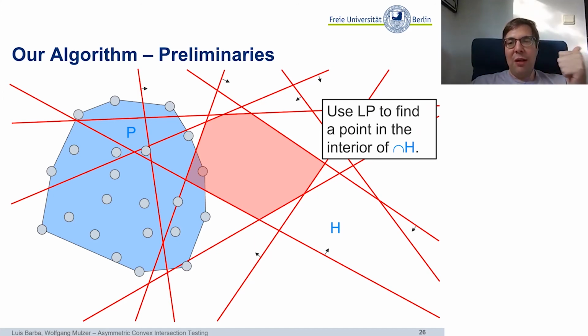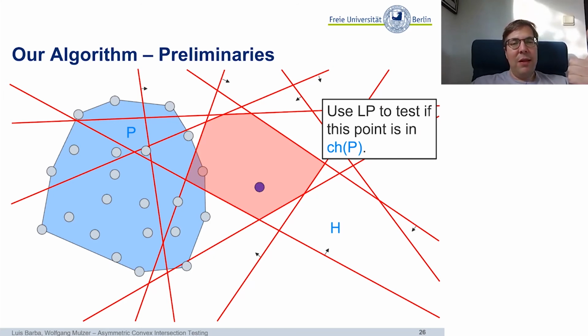First, we can use a linear programming algorithm to find one point in the interior of H, like this one. And now I check whether this point also lies in the convex hull of P, and again we can just use linear programming. In both cases, the linear programs use all of H or all of P, but not both of them.